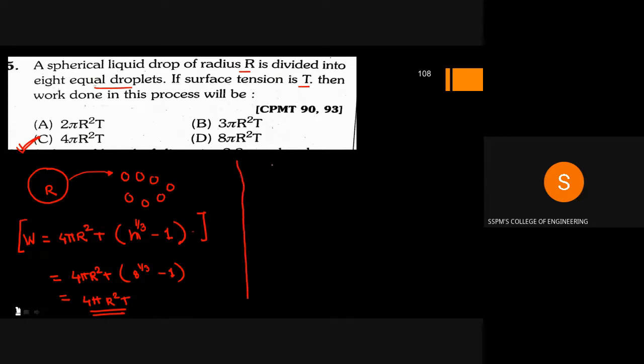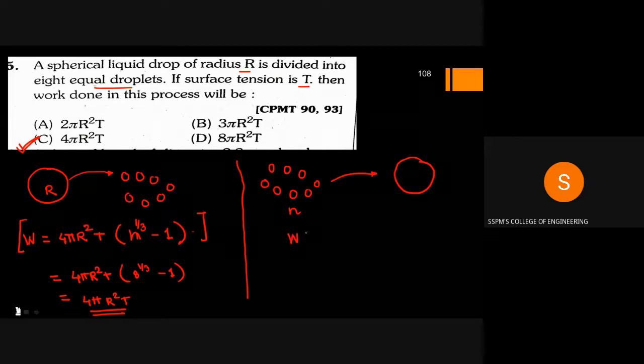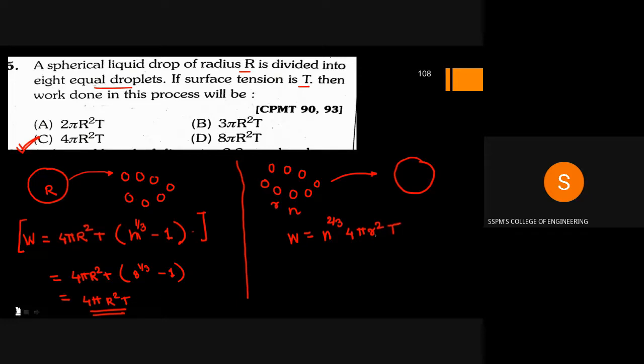And similar to this, if you have n droplets and they form one single drop, then the total energy W is equal to n raised to 2 by 3 into 4 pi r square, where small r is the radius of the smaller droplets, into T. By using this relation, we can find out the surface energy.